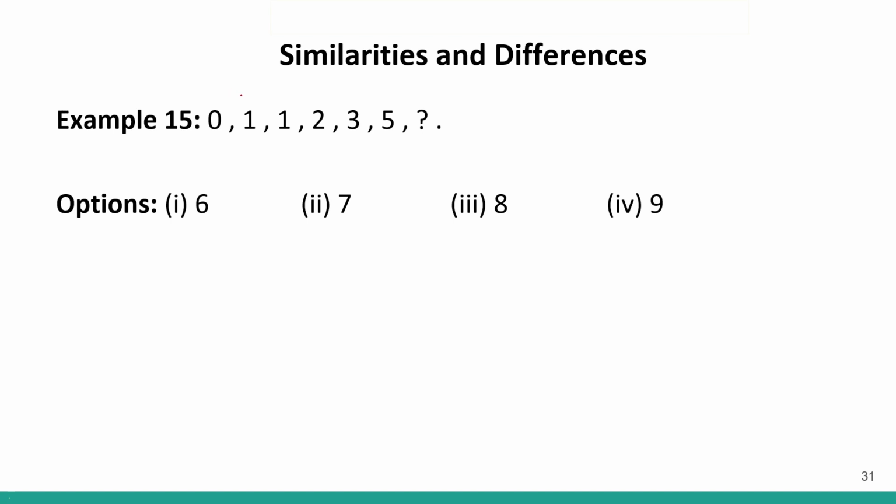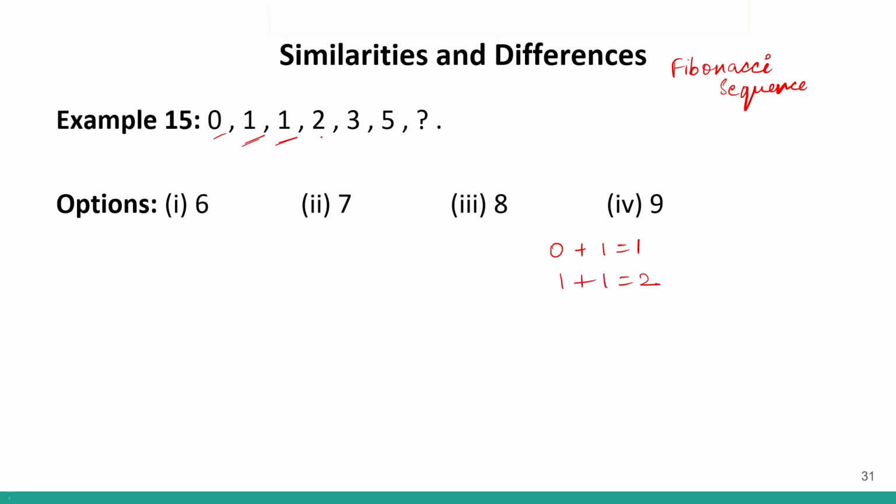Now, whenever you see something like this, it is called a Fibonacci sequence, however you want to pronounce it. In this sequence, the last two numbers are added to get the next number. So over here, 0 plus 1 will give me 1, right? 1 plus 1 will give me 2.